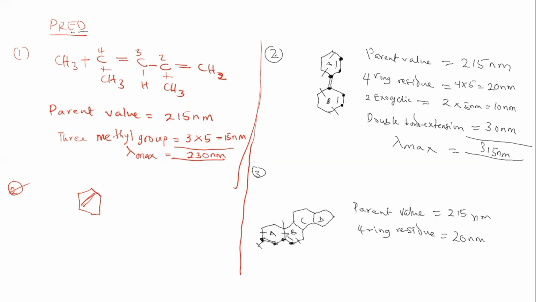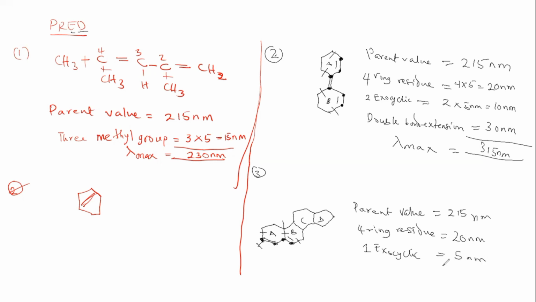This double bond here is connected to the carbon of ring A. But when you look at this double bond, it's not connected to any other ring. Okay, so therefore, we have one exocyclic double bond, which is 5 nanometers.